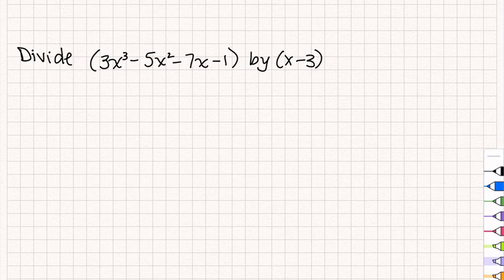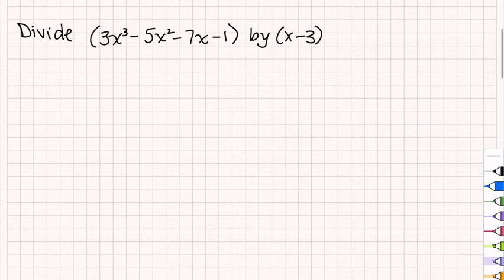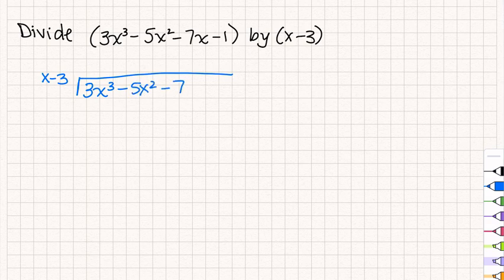So because we are dividing by x minus 3, we have x minus 3 here. And then here we'll have 3x cubed minus 5x squared minus 7x minus 1. So the first thing you're going to ask yourself, we're going to take 3x cubed and divide it by x.